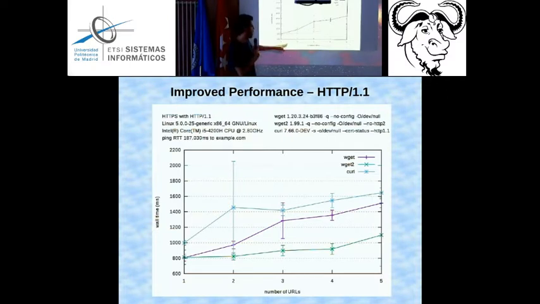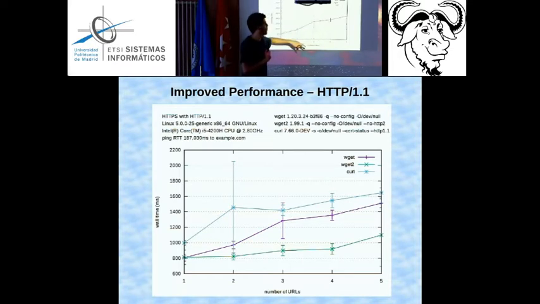The thing here is that with bad connections, WGET1 used to be, well, it is a really fast downloader. It really gets the best from the connection. You can see here, this is also because of multi-threading.